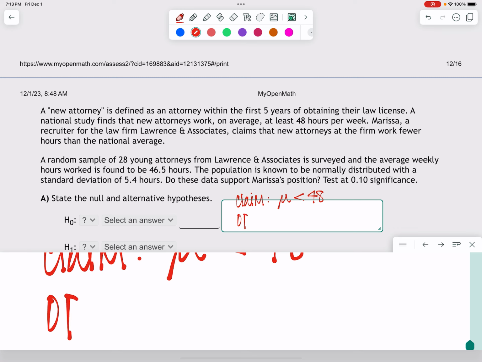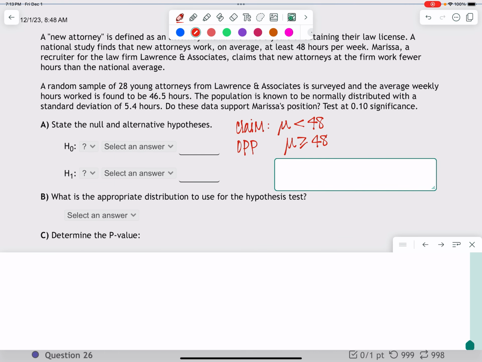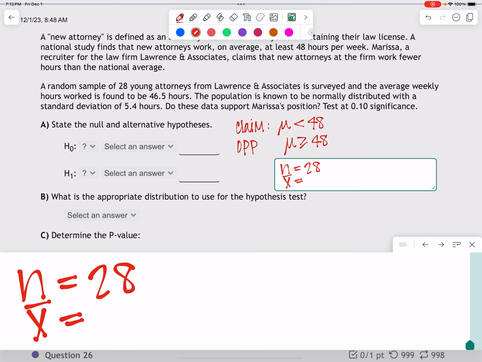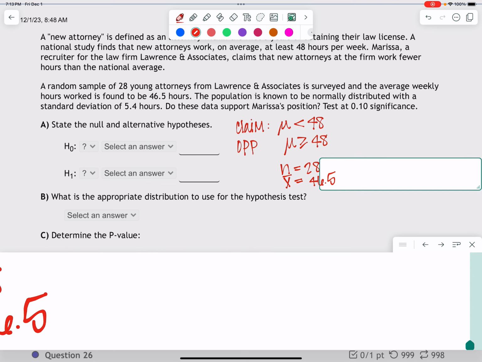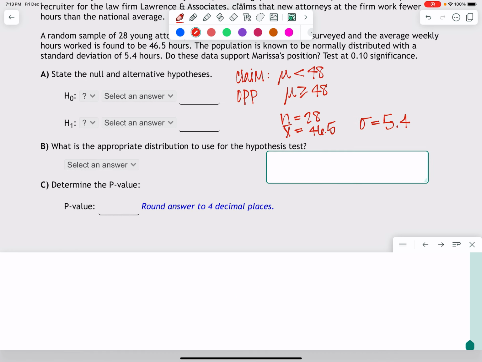Make the opposite. Come up with your N, sample of 28 attorneys. The sample average was 46.5 hours. We have a normal distribution with a population standard deviation of 5.4. So it looks like you can use a normal Z distribution to find your p-value.